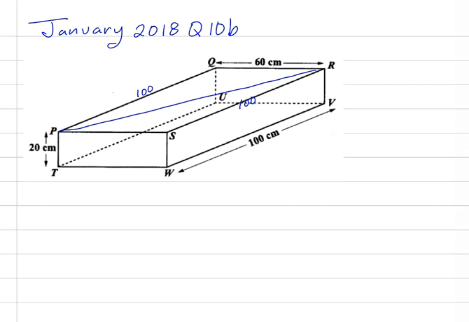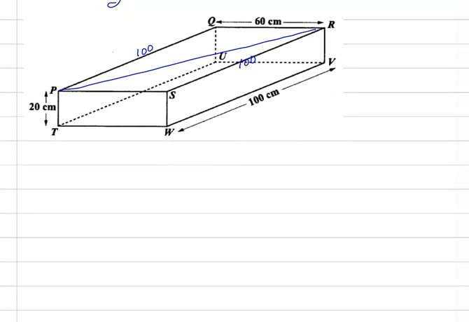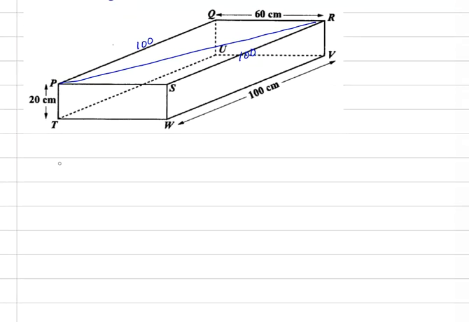Now, this cuboid has a total of 6 surfaces, and from what I can see all 6 surfaces are rectangles. So I'm going to draw an illustration, so that it looks more familiar to me.